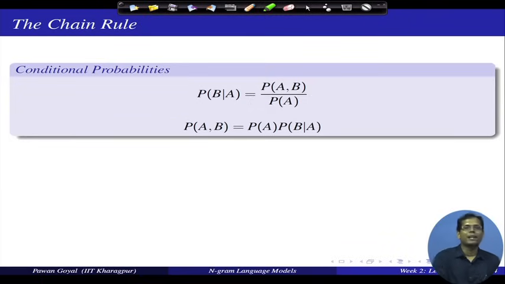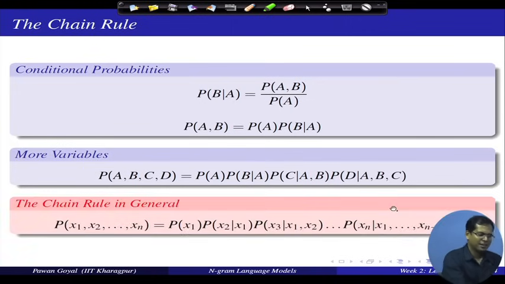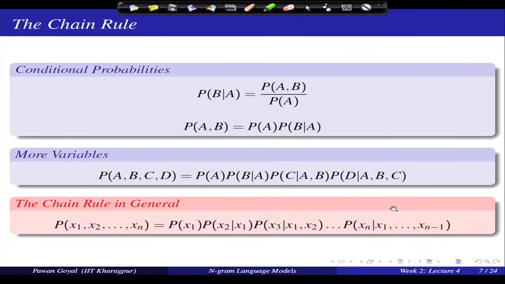So I can write P(A,B) as P(A) times P(B given A). In general, even if I have more variables, I can use the same chain rule of probabilities idea. This is the general formulation: probability x1 to xn is probability x1, probability x2 given x1, and so on, and probability xn given x1 to xn minus 1.